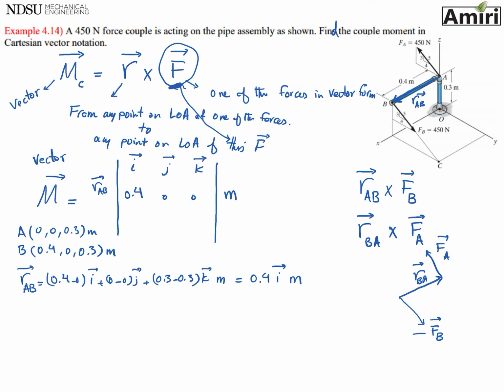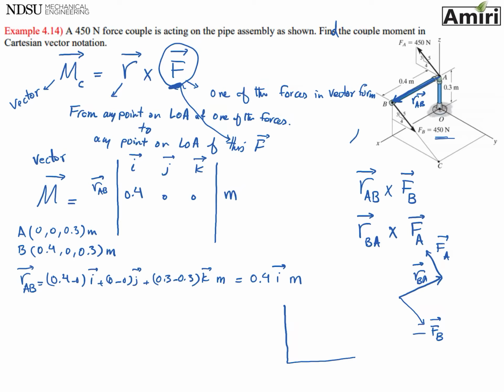All I have left is my force F_B, to turn it into a vector format. I have the magnitude of it, but I don't know I, J, K. But when you look at force F_B, you see that it's only on the ZY plane. So it kind of looks like this.